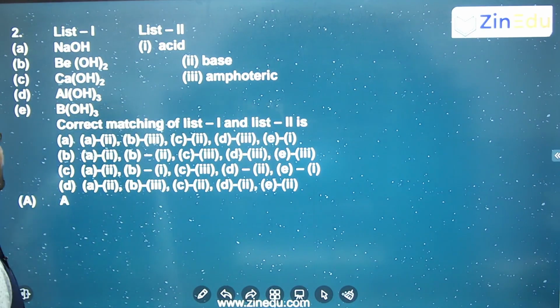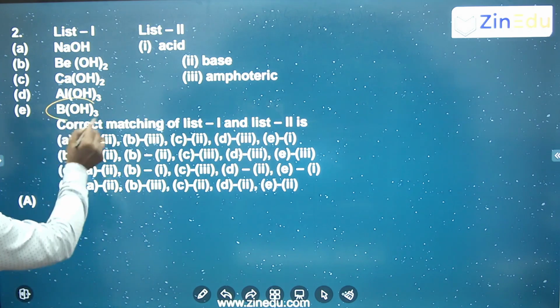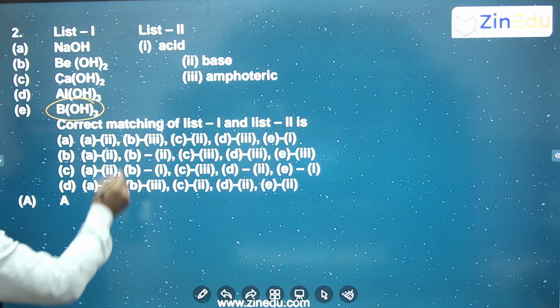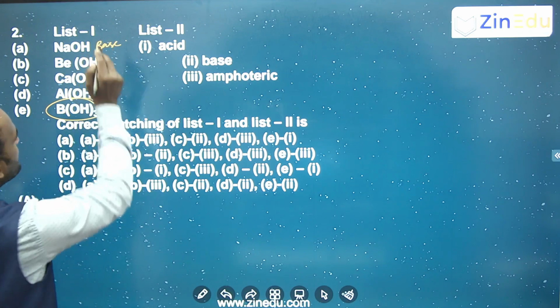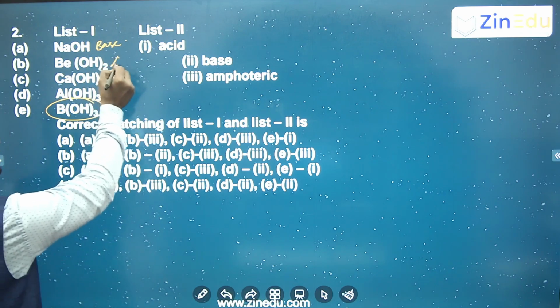Sodium hydroxide, beryllium hydroxide, calcium hydroxide, aluminum hydroxide, and boric acid. What are these? Sodium hydroxide is a base.